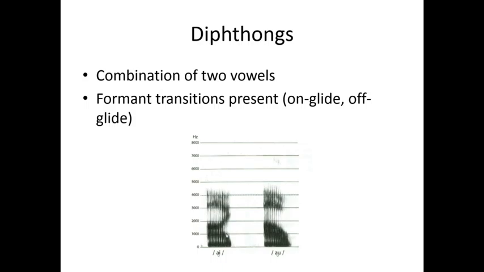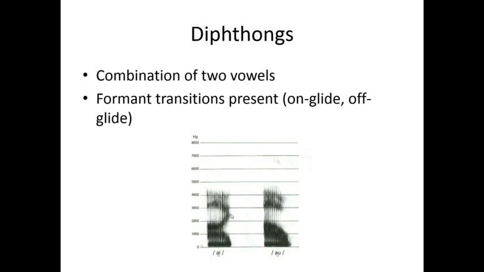It's moving, right? So we have a formant transition in between, and then if they held this one out a little longer, you'd have more of the formant pattern from the E at the end. So, on glide, formant transition, off glide. Everybody good with the terminology?